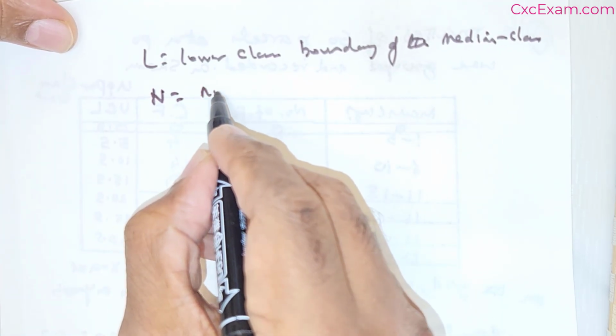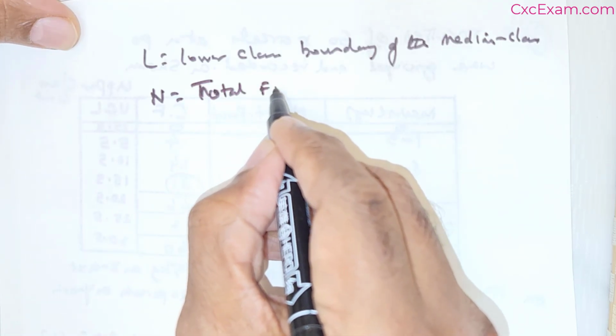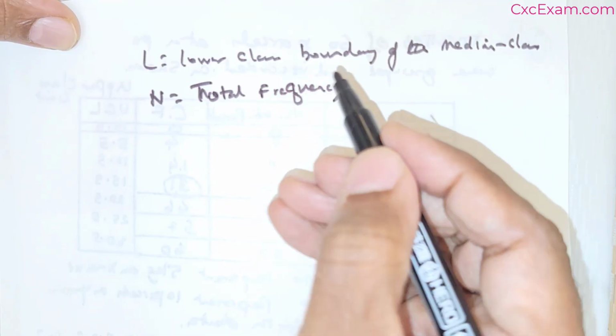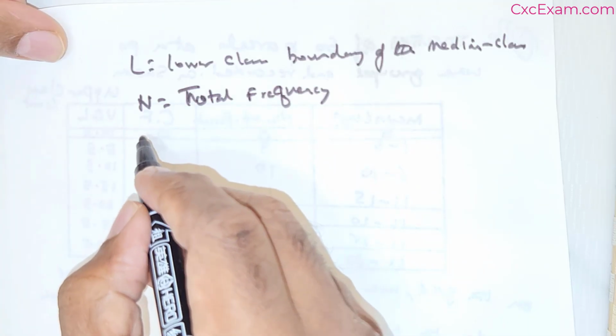N is the total frequency. So what is the total frequency? Okay, anyway, I will give in all the information once I state these variables.